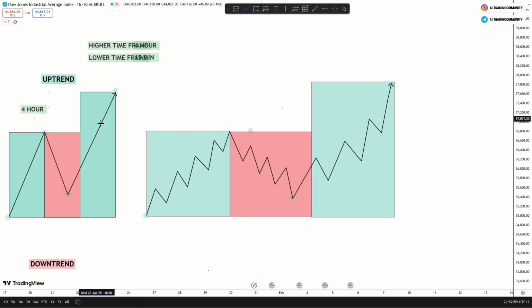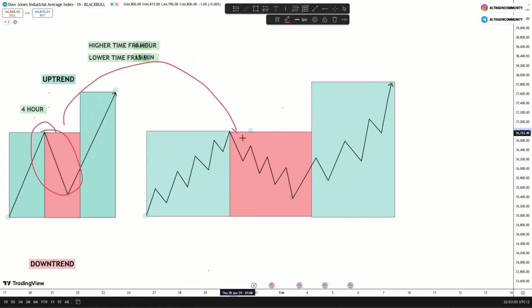And during this retracement, if you look at the 15-minute, there is a change of character. What is a change of character? A change of character is when an uptrend changes to a downtrend or a downtrend changes to an uptrend.